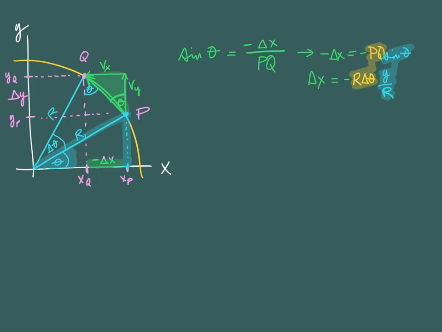How did that become r d theta? So PQ is this straight line right here, the hypotenuse of that green triangle. Why is that an r d theta? Well, it's an arc length. We're really kind of cheating arc length here.